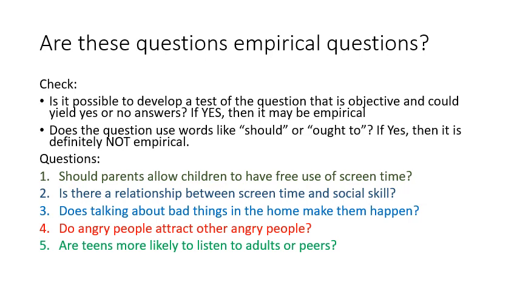If bad things happen, we couldn't directly go back and link them to things that are talked about in the home, or we couldn't ask a certain number of families to talk about bad things in the home and then see if bad things happen. I don't think this would be an empirical question. Now, if one of you thought this was, and thought you could think of a way to measure and test this, then I could be wrong.